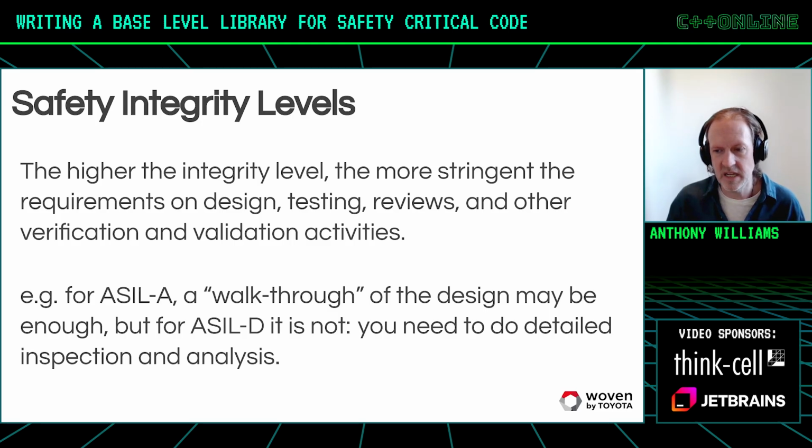Whereas for ASIL D, then you will need to do detailed inspection and analysis and various documentation, and it'll be a lot more stringent, what's expected of you to produce as supporting documentation alongside the actual software itself.